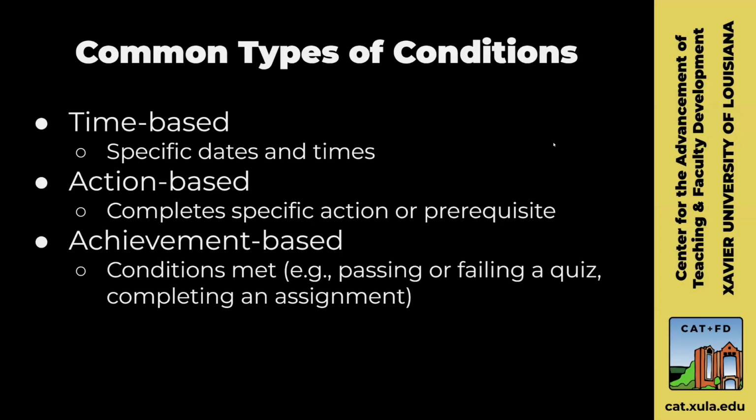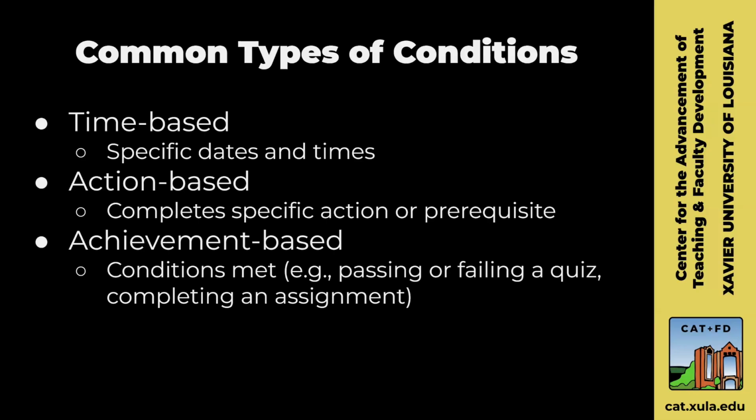There are three common types of conditions. One being time-based, where materials are released based on specific dates and times. This is actually handled with the availability dates in Brightspace, so you can set those up so that certain information is released on dates and times that you specify.